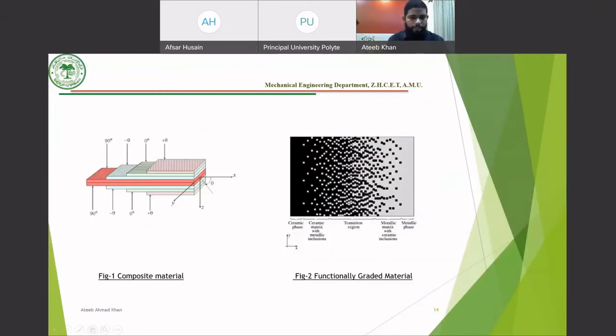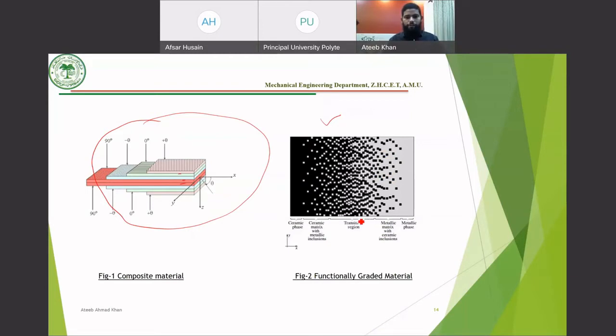Over here, you can see that this is an example of a composite laminate, and this is an example of FGM. Here the composition is changing abruptly from this pink laminate to the green laminate, and similarly from the green laminate to this red laminate. So at the interface the composition is changing, and that's why there is a problem of delamination, or it might be a problem of debonding.